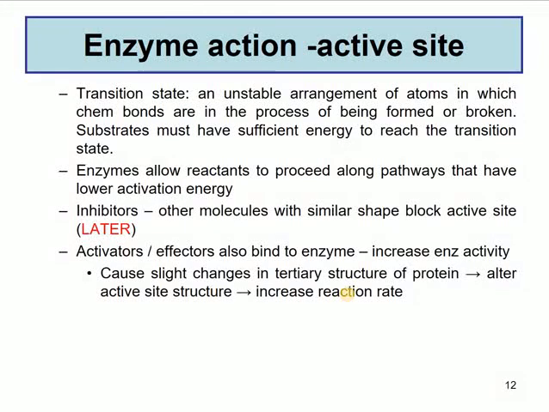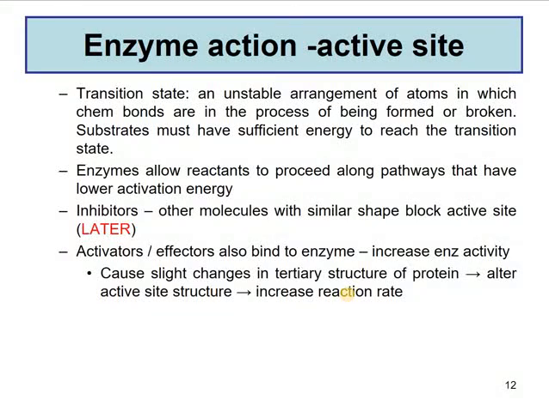So in terms of enzyme-catalyzed reactions, the enzyme is the one that takes the substrate into what we call a transition state. And the enzyme allows reactants to proceed along pathways that have a lower activation energy, because the activation energy is what you require to give a push to get to the top of the hill. That's the activation energy, the push.